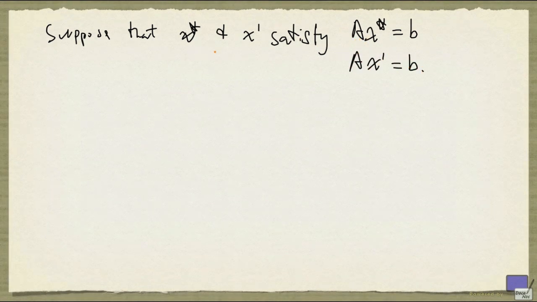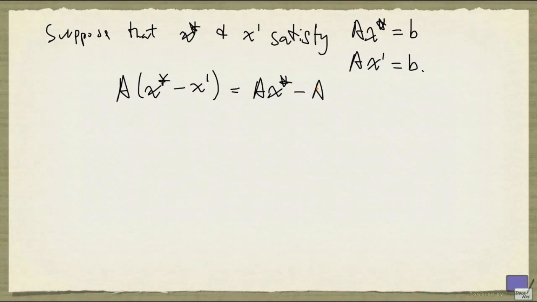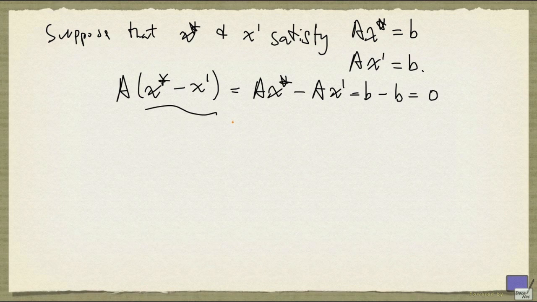So both x star and x prime are solutions to Ax equal to b. Now if you look at the difference, what you get is Ax star minus Ax prime, and that's equal to b minus b, and that's 0. So this difference here is a solution to the homogeneous system Ax equal to 0.